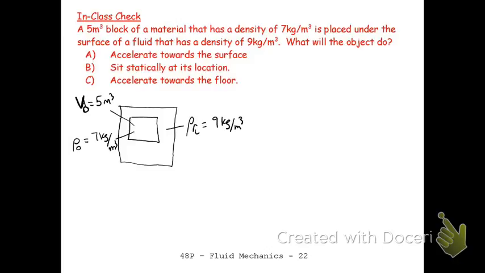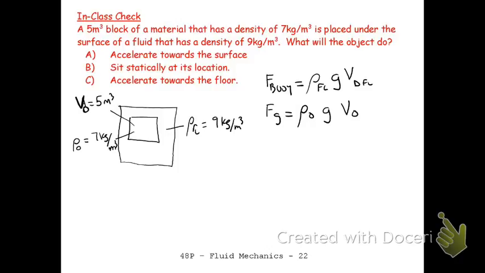And then what will the object do? Well, let's have a look. My F buoyancy is equal to the density of the fluid times g times the volume of the displaced fluid. And Fg is equal to the density of the object times g times the volume of the object.